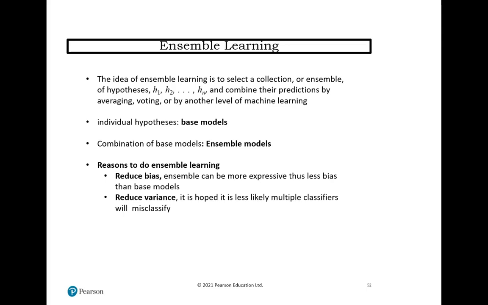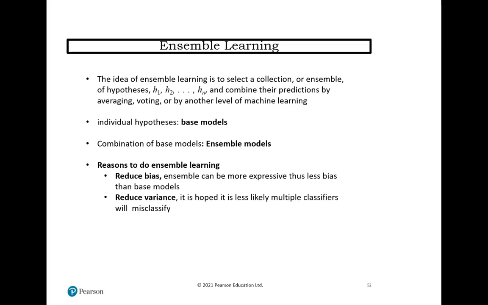So the reason why we use ensemble learning is to reduce bias, because an ensemble can be more expressive. So there's less bias than the base model. So obviously, if one model is too simple to capture the dynamics of the data you're training on, then 10 models will probably have a better chance of capturing this dynamic.